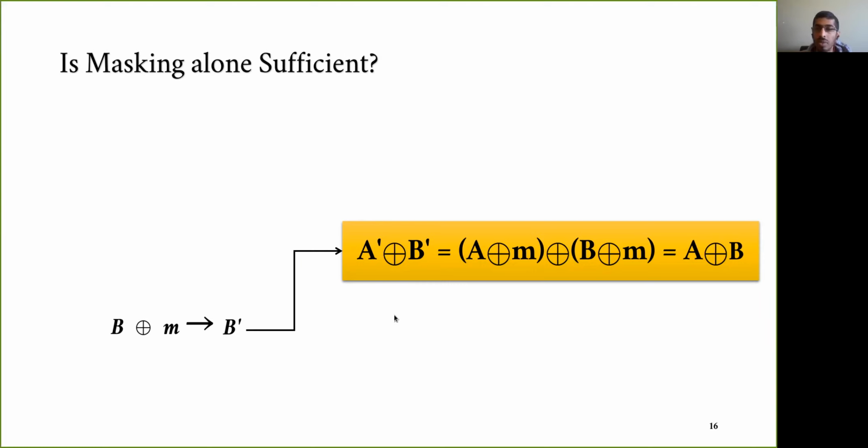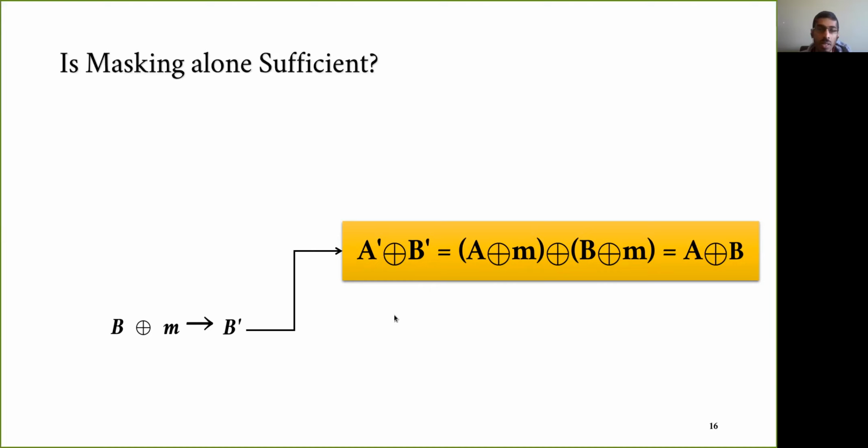Because of this interaction, the XOR in the middle of this A dash and B dash is because from the switching between two states. It's switching from one state to another, and that causes the masked value to get removed. So we are again leaking according to our original values A and B. So we can't use new masked values each time we are doing a calculation. That's not practical. We would have to use the same mask, and this is going to leak.